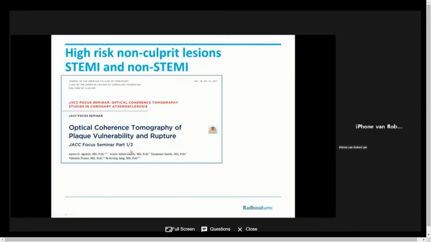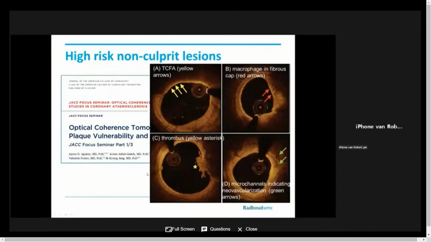This is the other part of the seminar, looking at plaque vulnerability and plaque rupture, with Valentin Fuster as one of the main authors. Looking at the OCT, you have seen that over the years, it can really nicely identify thin cap fibroatheromas. It can identify macrophages in the plaque.